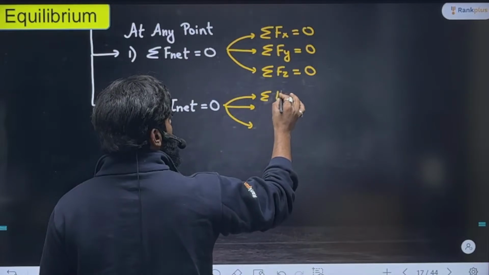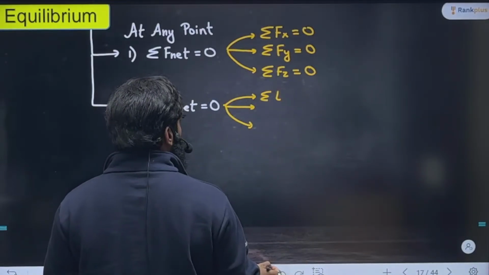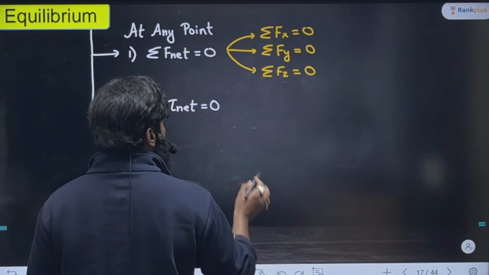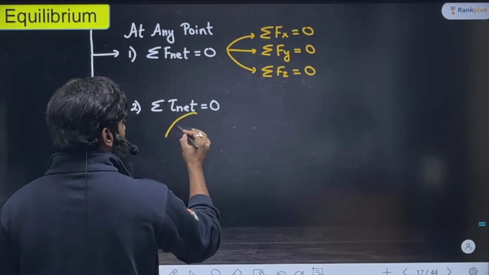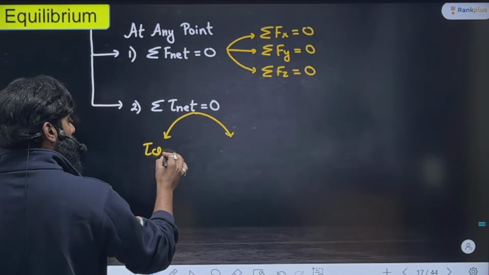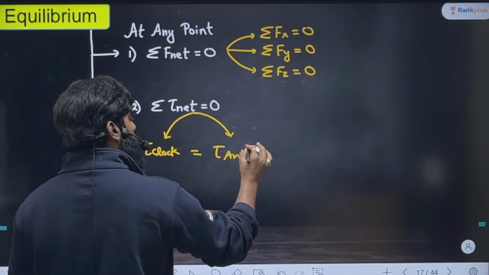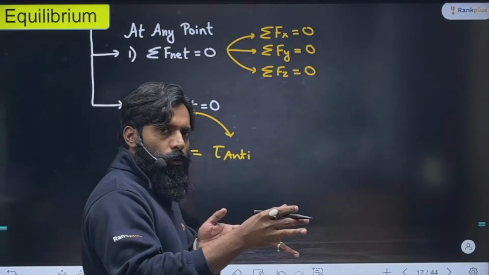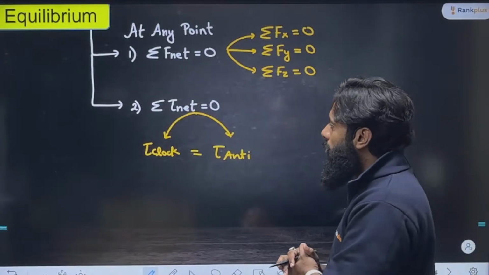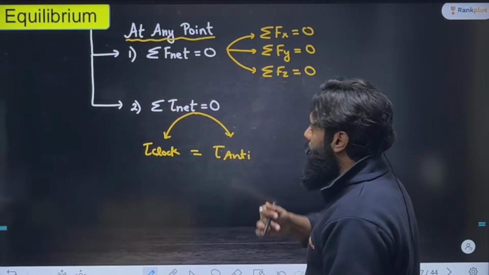Similarly, summation of torque net. If I'm telling you torque net is equal to 0, you could say simply that torque clockwise equals torque anti-clockwise. Something is moving in the clockwise direction, something in the anti-clockwise direction. This must be equal. So this is all about equilibrium.